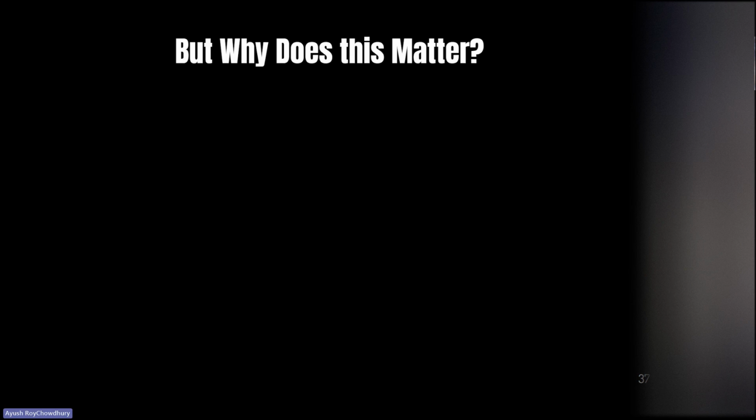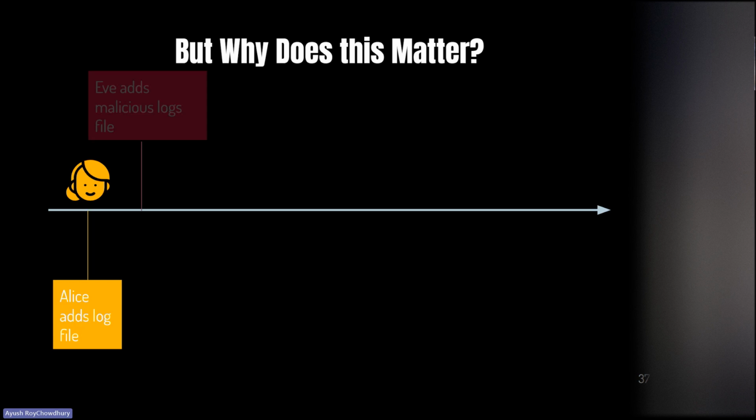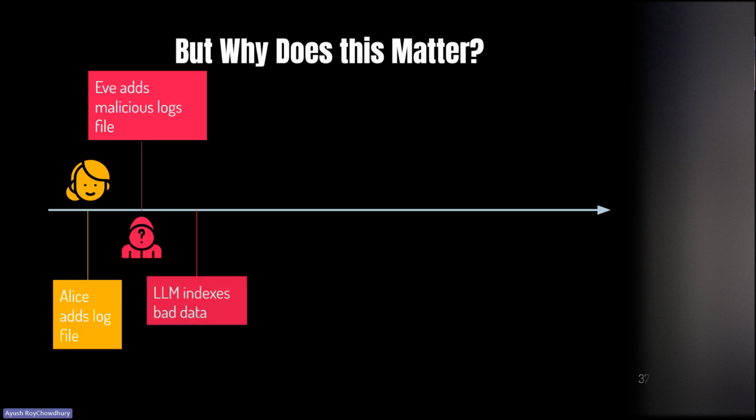But why does this matter? Well, this matters because let's say in a SCADA system, or some type of system that is using large language models to understand metrics or logs, Alice adds a log file. Eve adds malicious log files. The LLM indexes the data.